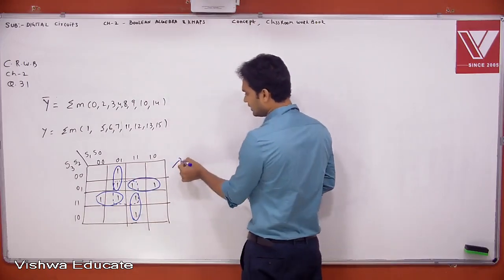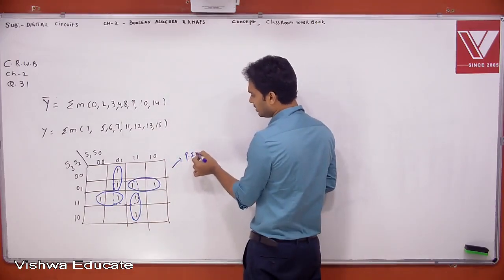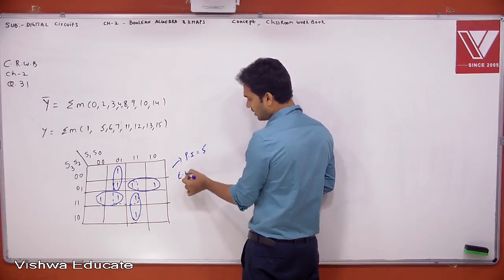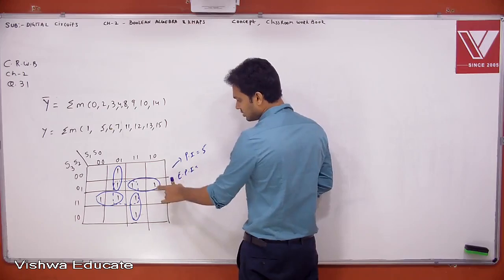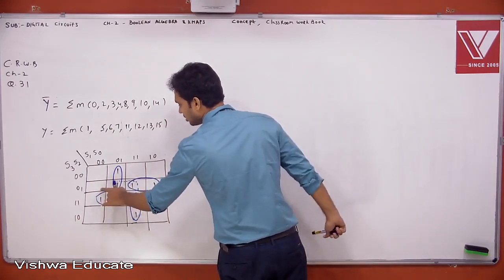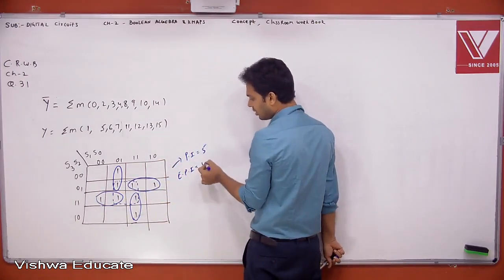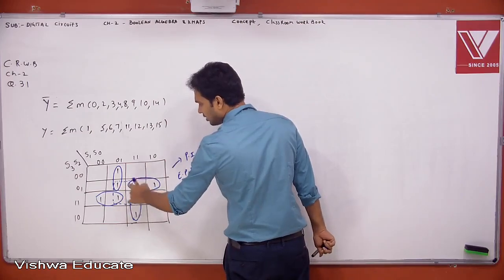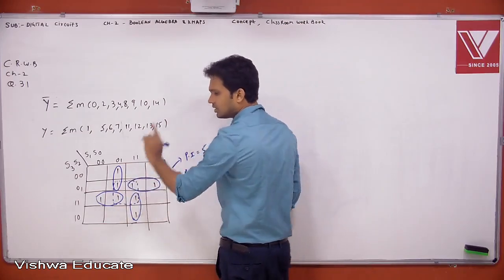So in this case, PI is equal to 5. 5 groupings are possible. How many are essential? This one is not covered by any other, this one not covered, this one not covered, this one is not covered by any other. So all the 4 are essential. But this quad, all 4 ones are covered by some other pairs. So it is not essential.